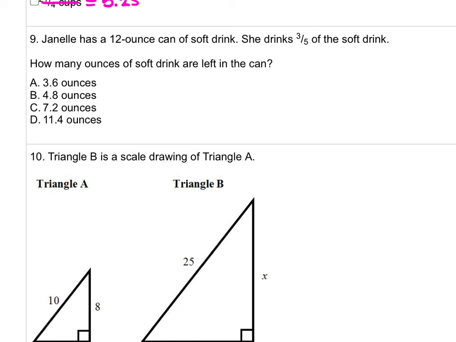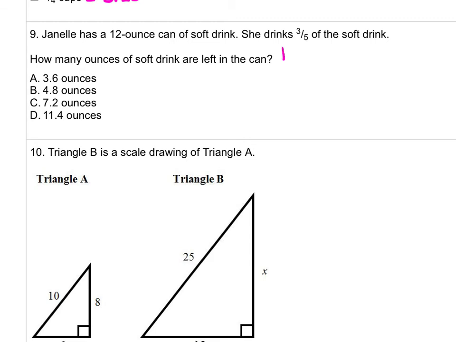Number 9, Janelle has a 12-ounce can of soft drink. She drinks 3/5 of the soft drink. How many ounces of soft drink are left? Okay, well, let's see. We could do this a couple ways, but let's just find out how much she drinks. She drinks 3/5 of 12 ounces.